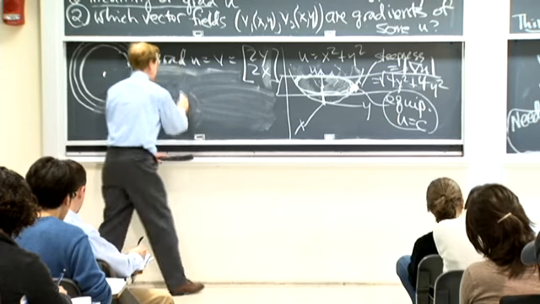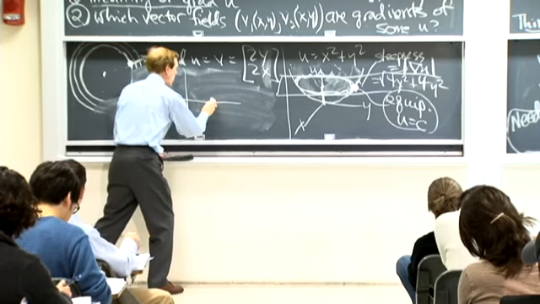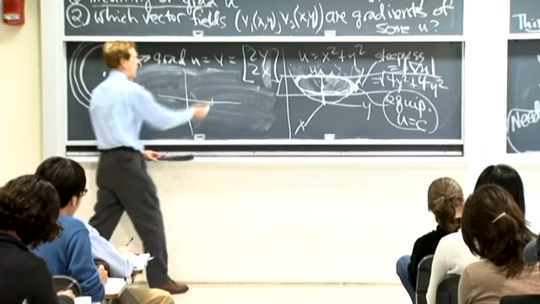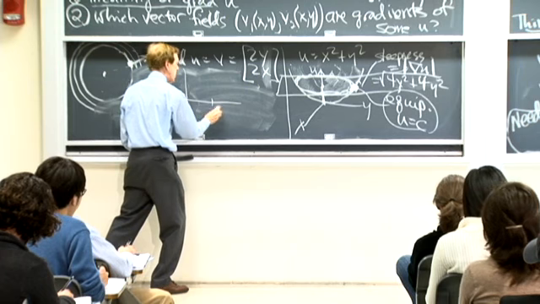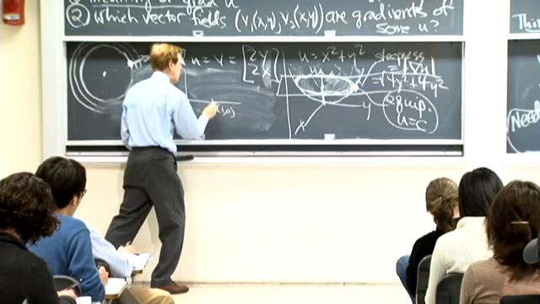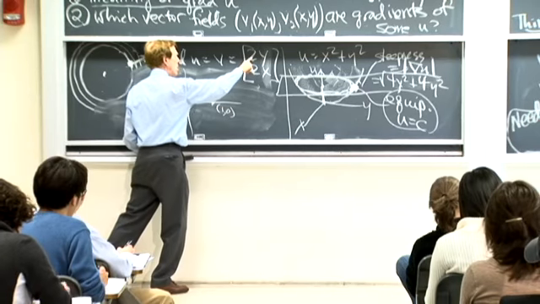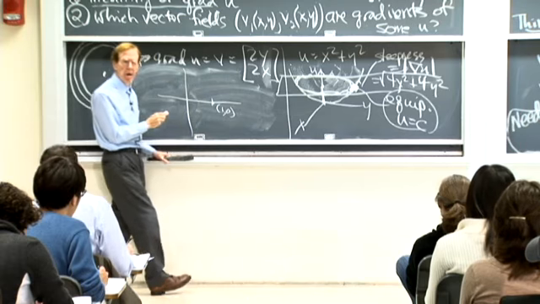So let me show you what I mean by a vector field. I mean at a typical point like x equals 1, y equals 0. The vector is, let's see, if x is 1 and y is 0, then what's the gradient at that point? 0, 2, am I right?